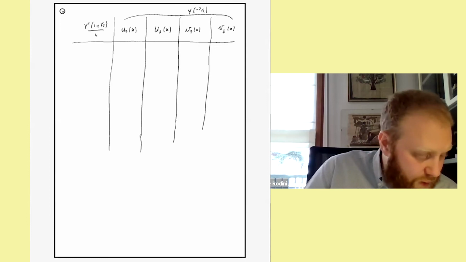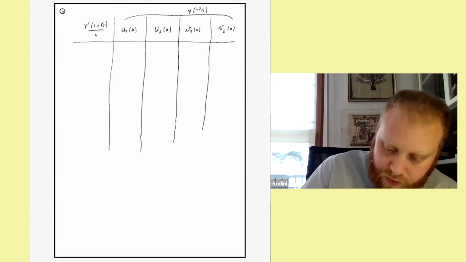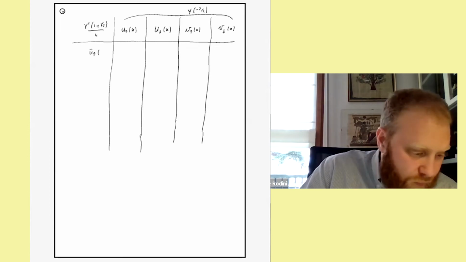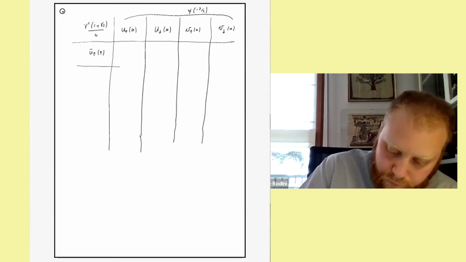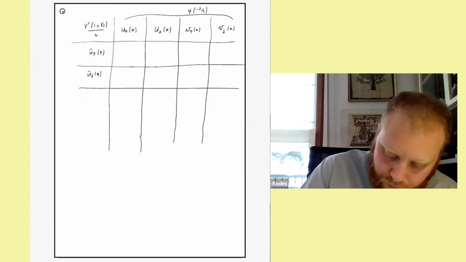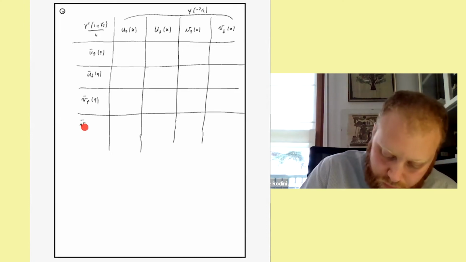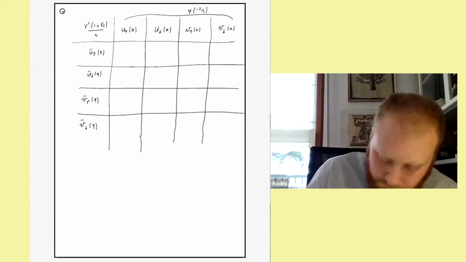And in the column, of course, there is the one associated with psi bar. So it is U bar up of q, U bar down q, V bar up q, V bar down q, right? Yes.